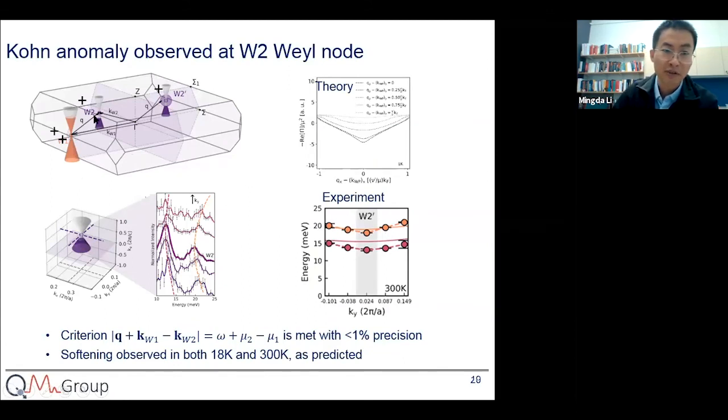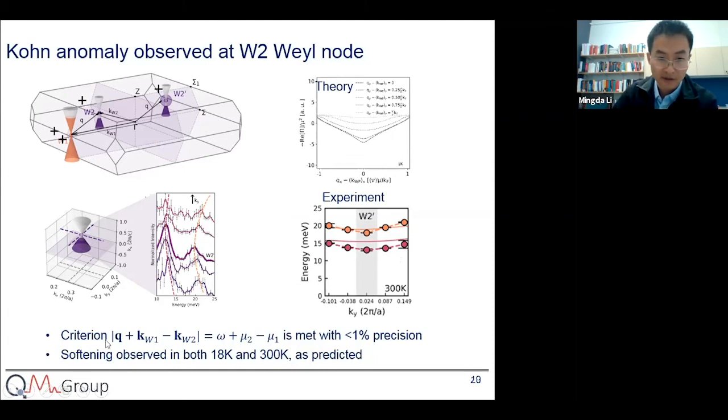So this is the Kohn anomaly experiment. If we have two different singularities, W1 and W2, and assisted by the phonon with the specific wave vector Q linking them together, that's how we observe the phonon softening. We can see it in the original spectrum, or after plotting, a significant 2-3 milli-eV phonon softening compared to the nearby magnitudes.